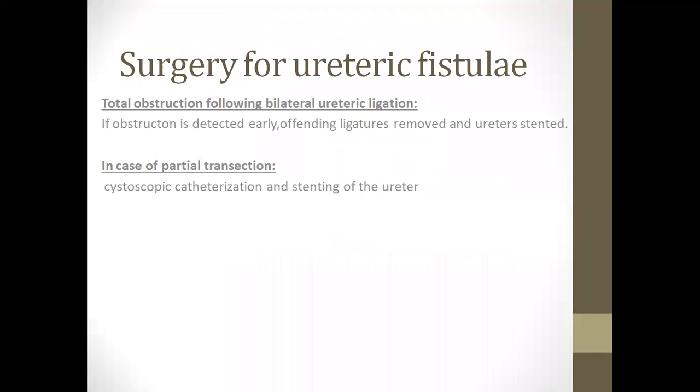Surgery for ureteric fistula: total obstruction following bilateral ureteric ligation. If obstruction is detected early, remove the offending ligatures and stent the ureters. In case of partial transection, cystoscopic catheterization and stenting of the ureters is to be done.